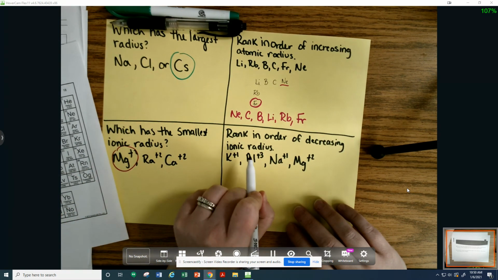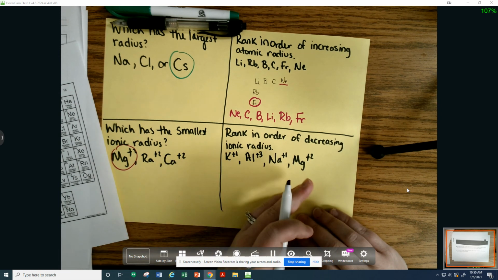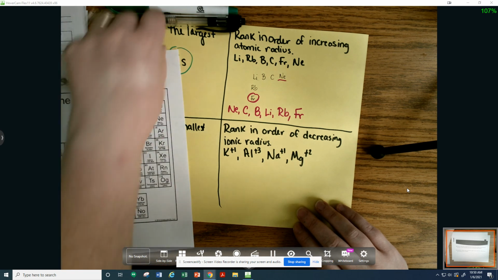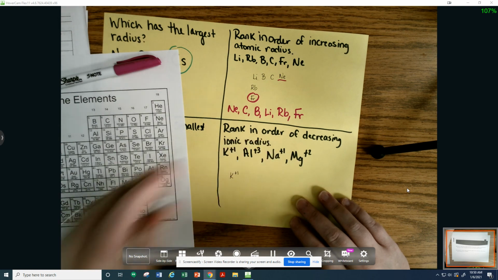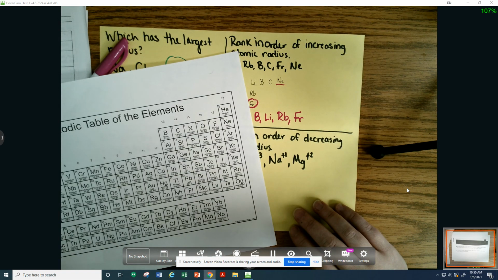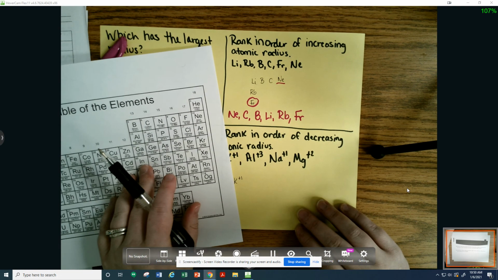We're going to also rank this in order of decreasing radius, so from large to small. So same idea, kind of place them like they're on a periodic table. So I'm going to go ahead and write out K plus 1 and then arrange the remaining 3 around it. So we have aluminum. I'm going to also just take care of like charges because those are going to be what's closest.